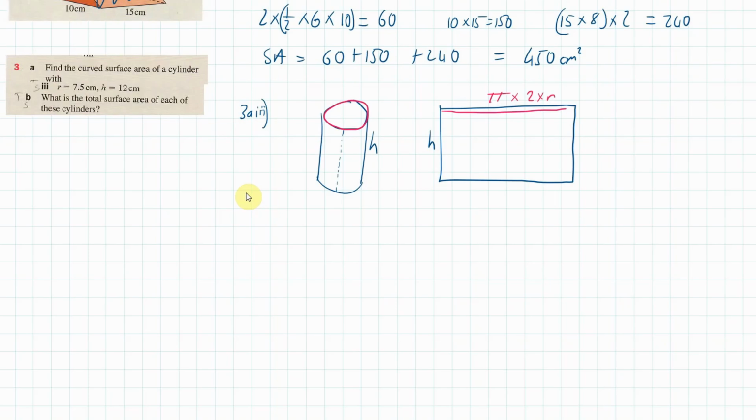So we can find the curved surface area by 2 pi r h, and that will give you the curved surface area of a cylinder. Okay, well let's do that. So in part 3a we've got 2 times pi times 7.5 times 12, and that will give us the area.